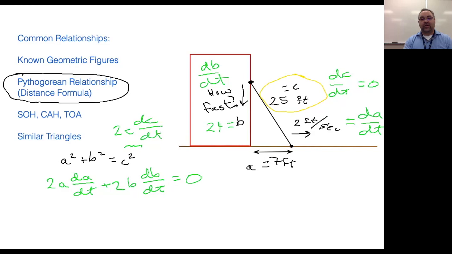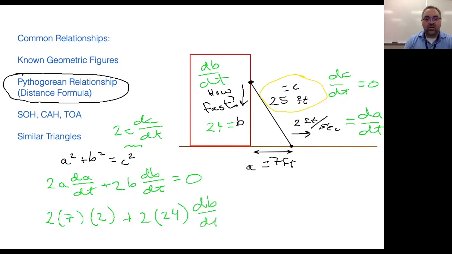But we know c is not changing, so it's going to equal 0. Now we're ready to just plug in everything we know. I've got a, which is 7, dA dt, which is 2, b, which is 24, dB dt, which is my unknown.